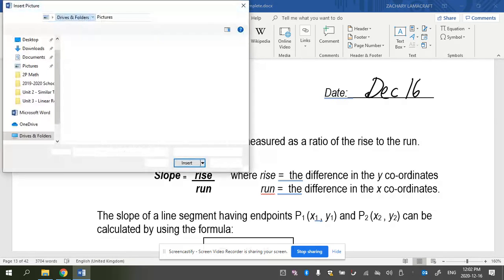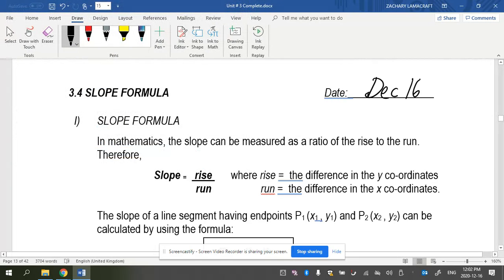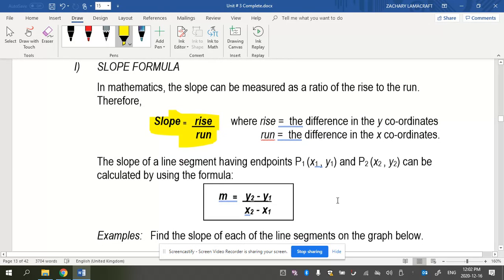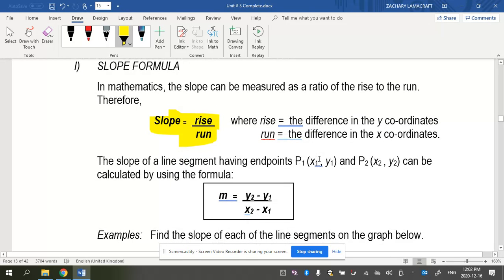So we looked at this before, and our slope formula is rise over run, which is the difference in the rise between two coordinates and the difference of the run between two coordinates. If you take point 1 as x1 and y1, and point 2 as x2 and y2, you can sub it into a formula to get your slope without even having to look at the Cartesian plane.